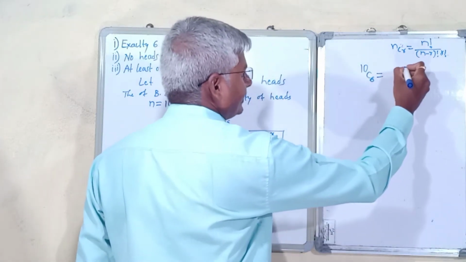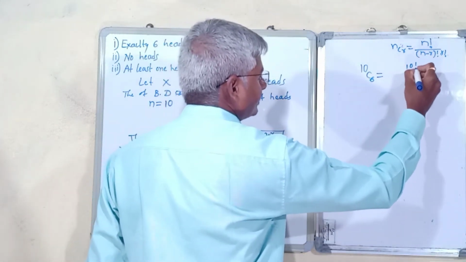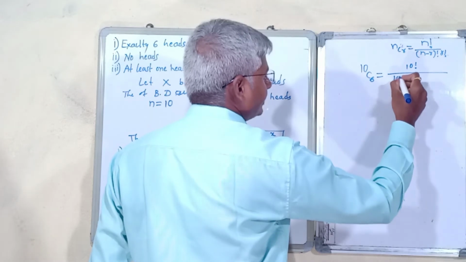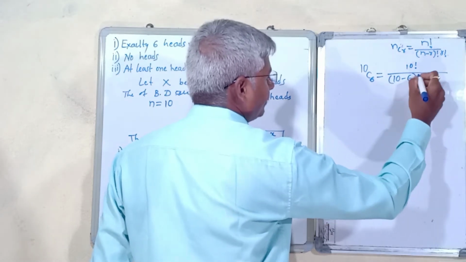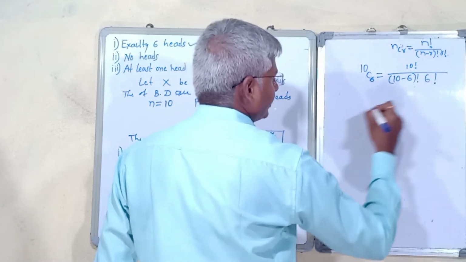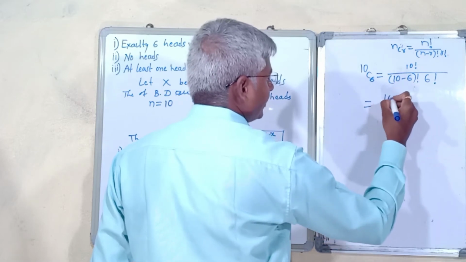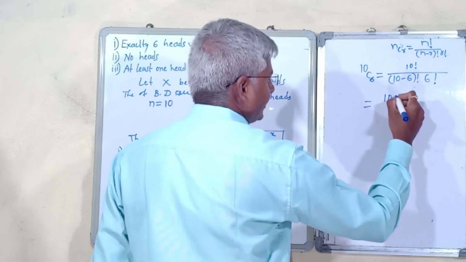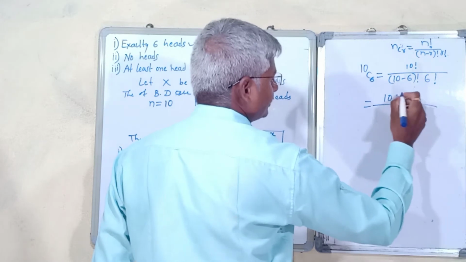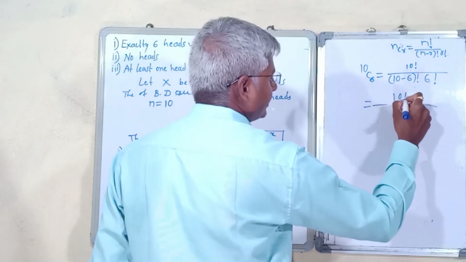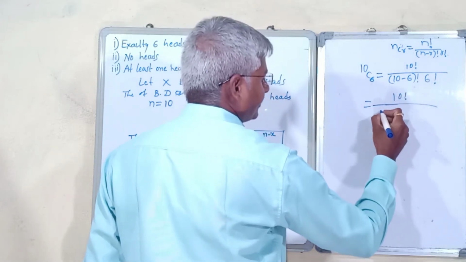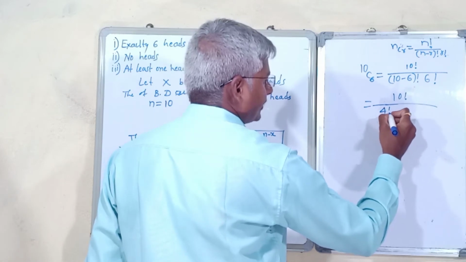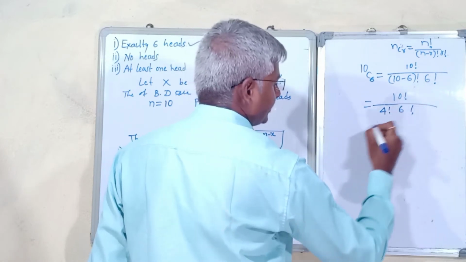The same way, 10 factorial divided by 10 minus 6 whole factorial into 6 factorial. So here 10 factorial, 10 minus 6 factorial is 4 factorial, and the remaining is 6 factorial.